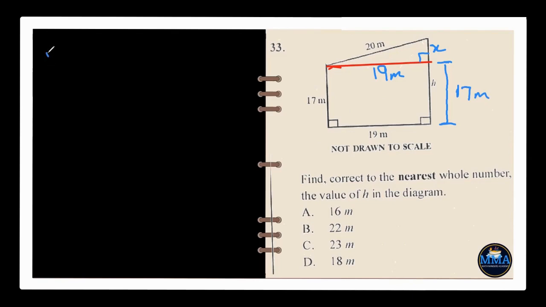So by Pythagoras, we have 20 squared equals 19 squared plus x squared.